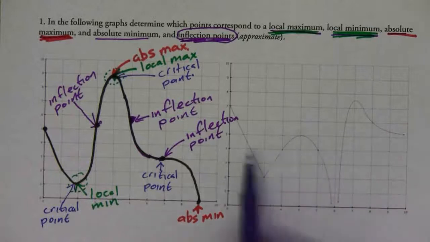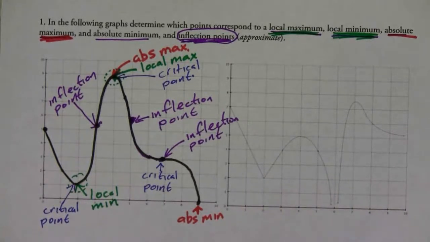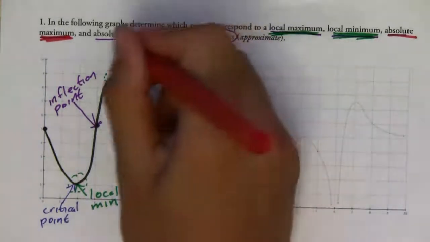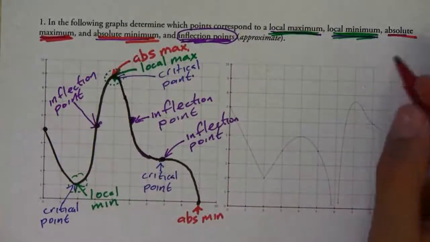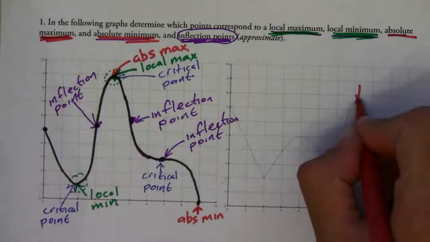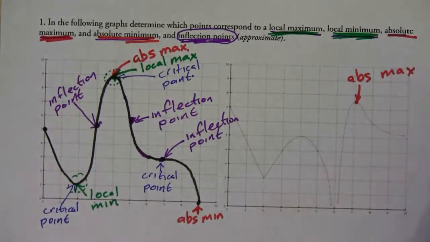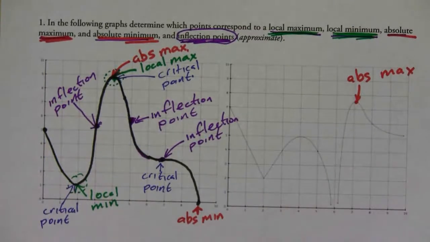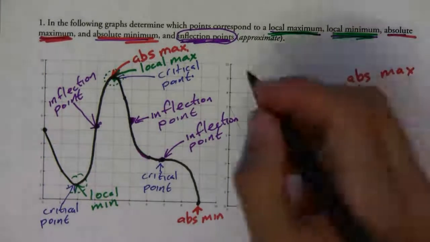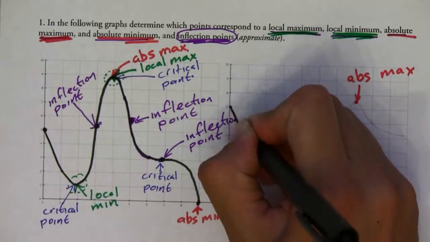Okay, now let's take a look at this next graph. Let's do again the same thing. Let's do the absolute maximums and minimums in red first. So the absolute maximum is right here. This is the biggest value of the function. Now you can kind of see, but let me retrace it here.